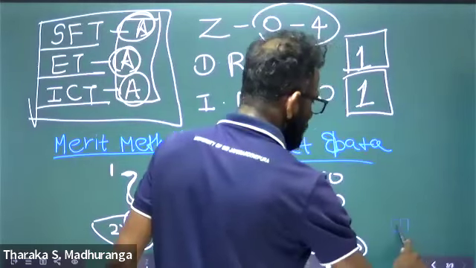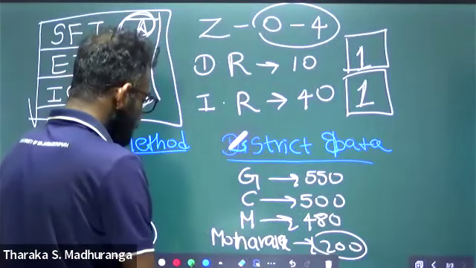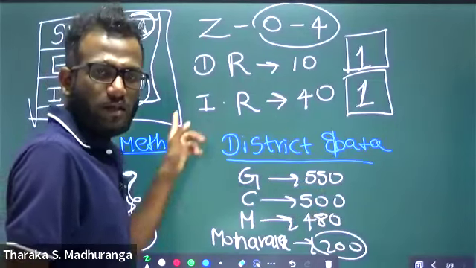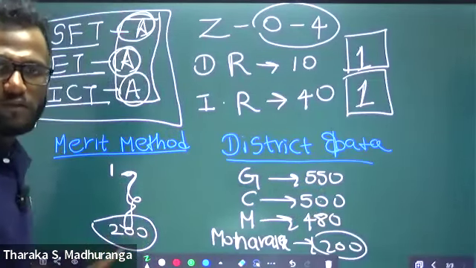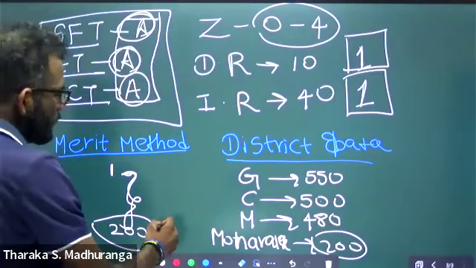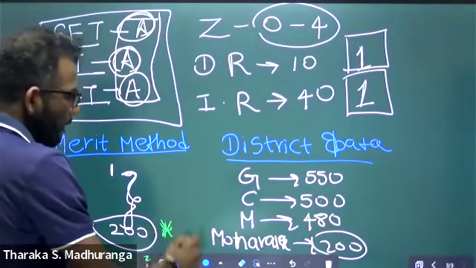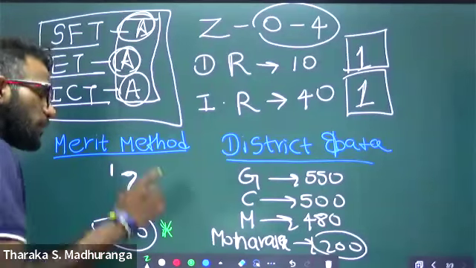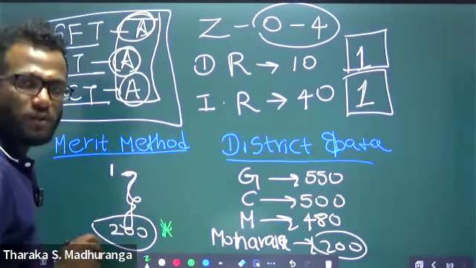I think you can understand this. Think of the merit ranks in Gampaha district. Among the first 200, think that 50 students are from Gampaha district.